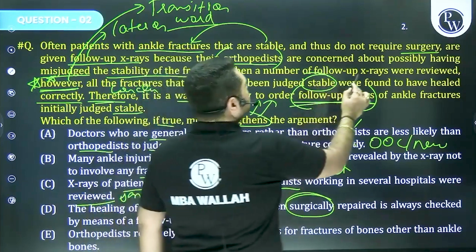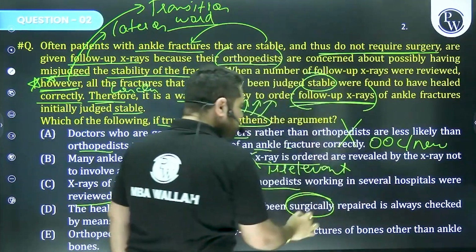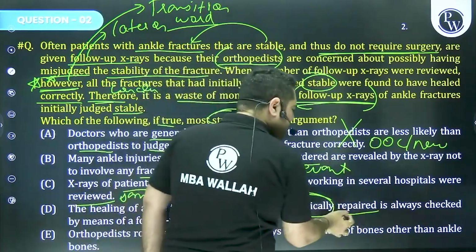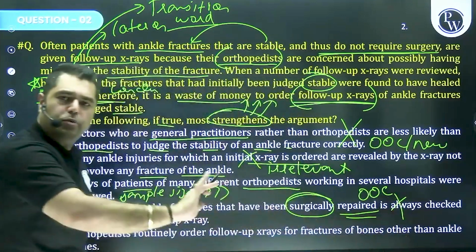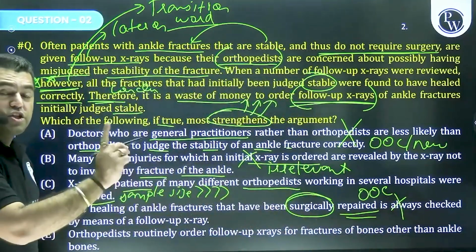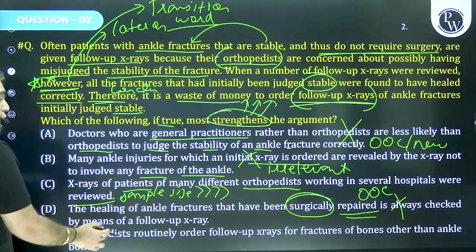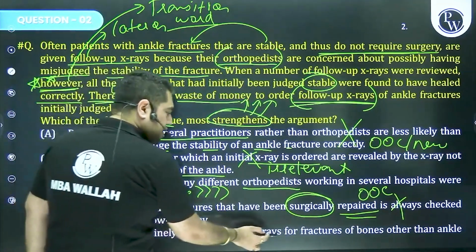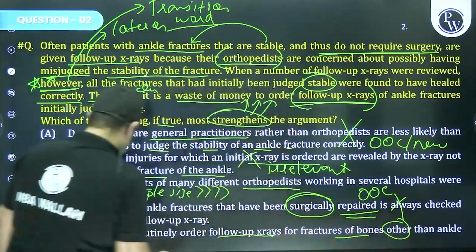People, we are talking about do not require surgery. This option is talking about surgically repaired. Out of context. Straight away, don't bother. We are not talking about surgical repairing. We're talking do not require surgery. Remove. E, orthopedists routinely order follow-up x-rays for fractures of bones other than ankle bones.